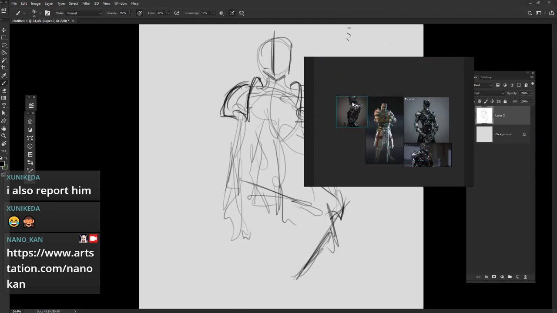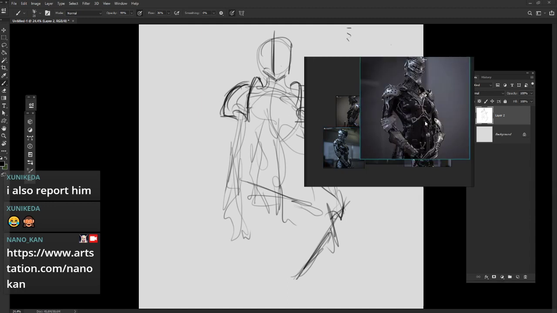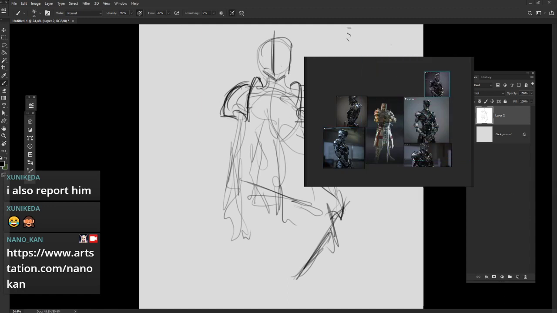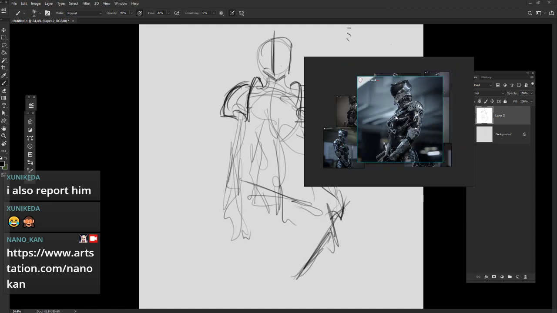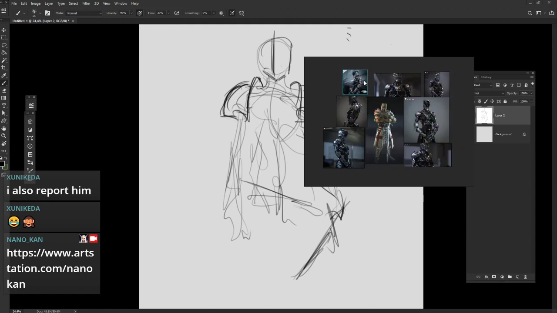Just 5 minutes of reference. I know already I want to add latex with a different kind of a sci-fi vibe a little bit, but at the same time have it much more realistic and medieval, which could add a completely different approach to it.